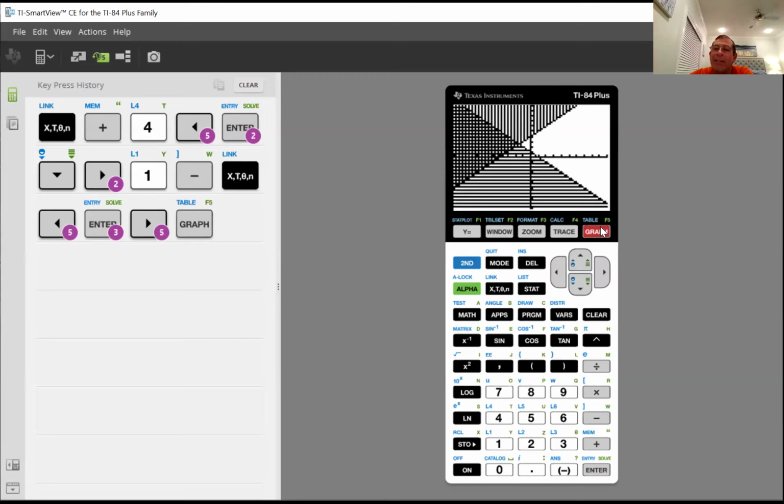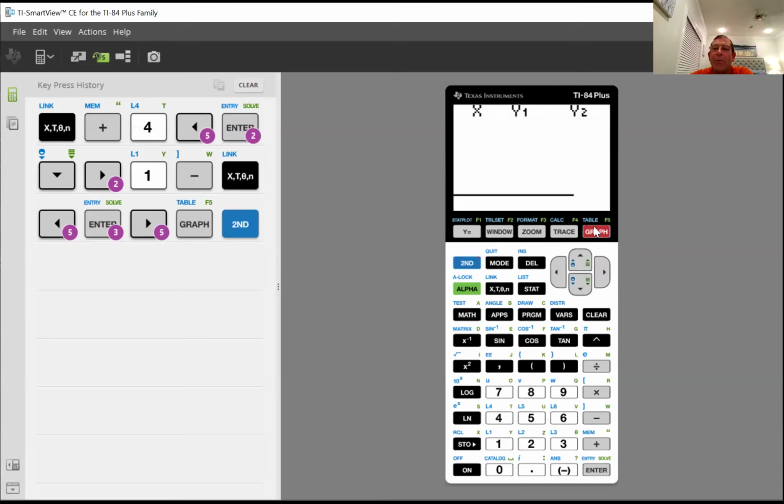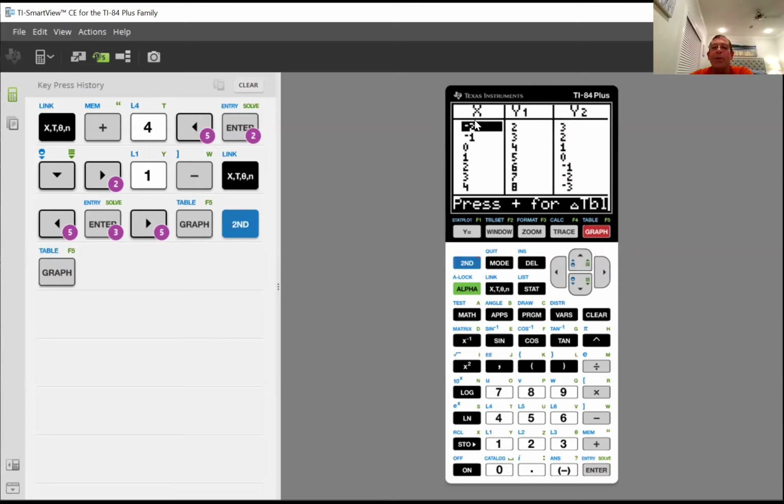Now watch this. If you graph them on the calculator, if you hit second table, it gives you x values in the first column. Well, this y1 is the y values for that graph: -2, 2, -1, 3, 0, 4. This y2 is the y values for the second line using the x values -2, 3, -1, 2.